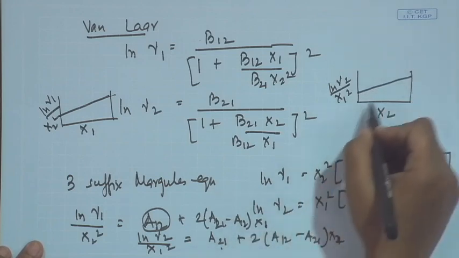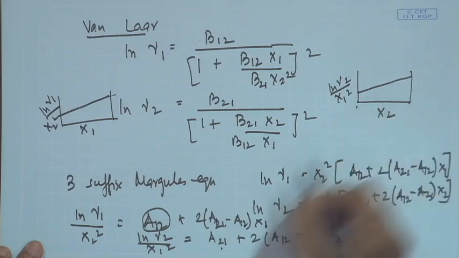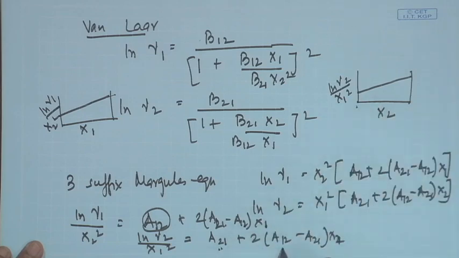From the intercepts at x2 equals 0 and x2 equals 1, I can find out a21 and a12, right.